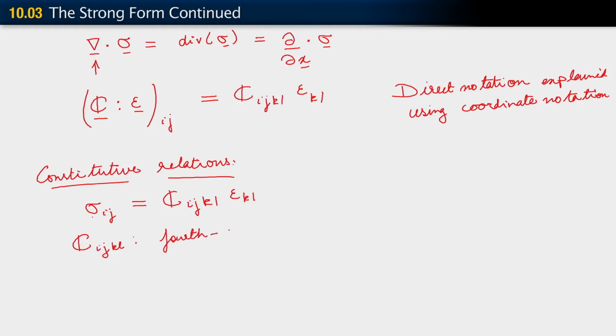It's called the fourth order elasticity tensor. For linearized elasticity, it is constant with respect to, WRT is short for with respect to, the epsilon tensor. So this is what we mean by linearized elasticity.